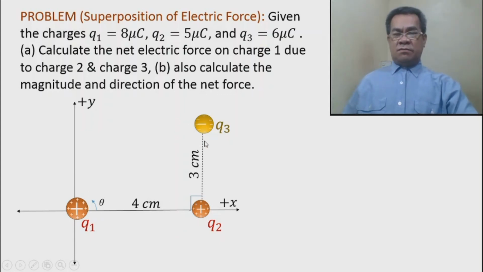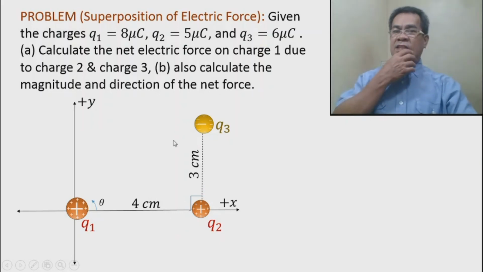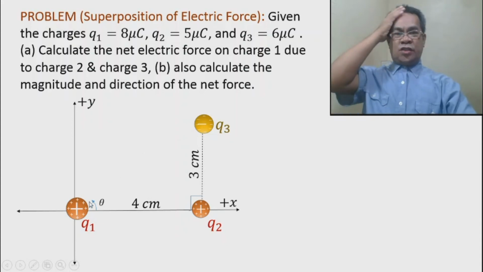Sometimes questions may ask for the force on charge Q3 or maybe Q2, but in this case we are asked to calculate the force on charge 1. Then letter B, calculate the magnitude and direction of the net force. We can easily solve letter B if we have already calculated the net force on charge 1.